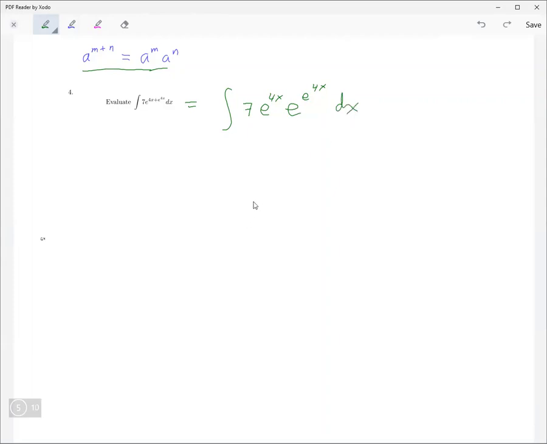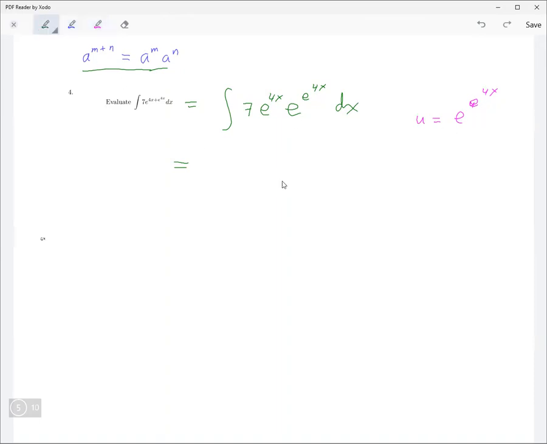Now here you can just use a substitution. e to the 4x could be the substitution. And the derivative of this would be this itself times the derivative of this top part, which is 4e to the 4x.